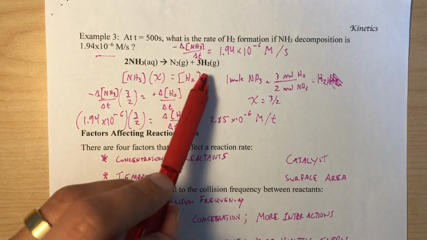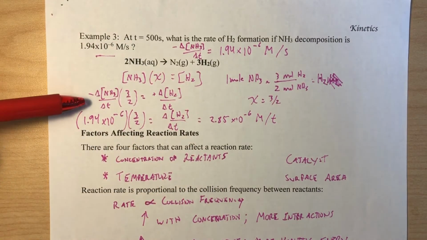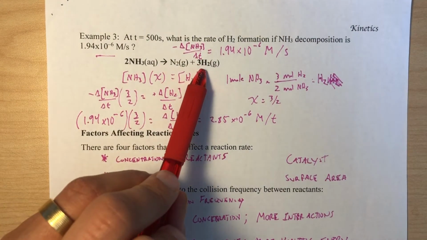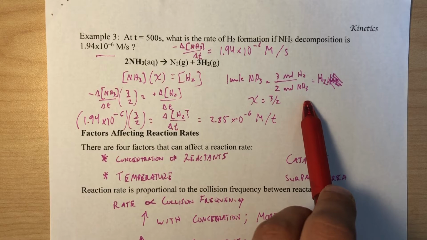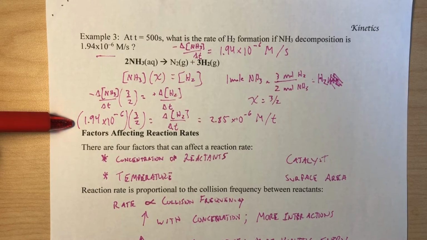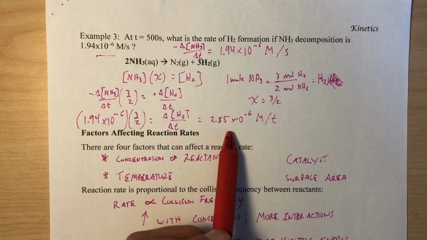Our stoichiometric ratio for hydrogen formation versus ammonia decomposition is going to be 3/2 the decomposition of ammonia, and that's due to the 3/2 molar ratio of hydrogen gas versus ammonia. So if we take that rate of decomposition, 1.94 times 10 to the negative 6 times 3/2, we would get the rate of formation of hydrogen gas over time, which is going to be equal to 2.85 times 10 to the negative 6 molar per second.